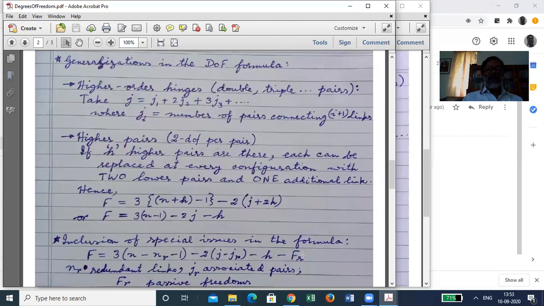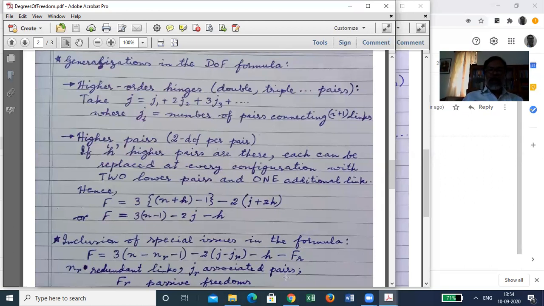Since the book was written at a time when they were called redundant freedoms, that FR notation has been in the book, and I have tried to keep the FR, the letter R, as in the book, so that you don't get confused regarding notation. But we call it passive freedoms.